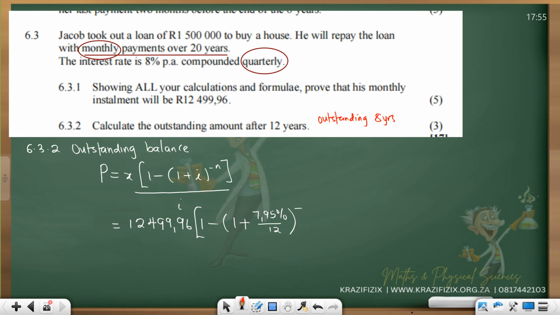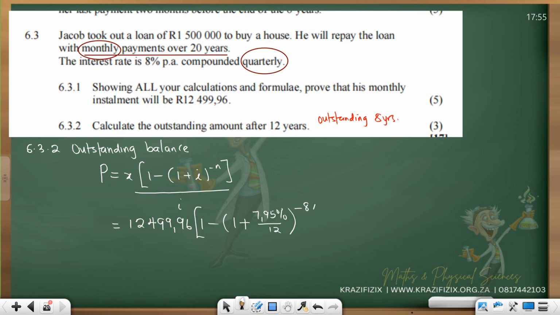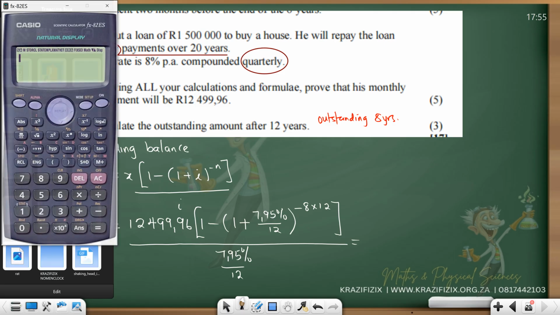That is what is outstanding. And what would that be? 8 times 12. And everything over 7.95%. The rest is history now.